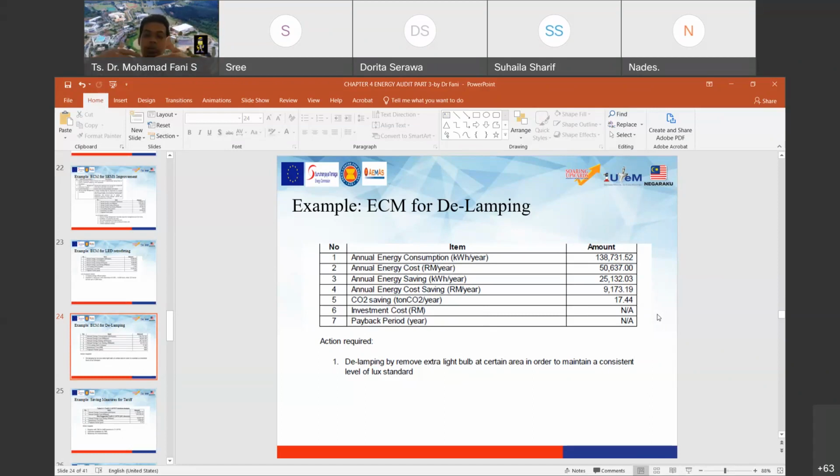Okay, you can suggest to them, because as the auditor you find the over value of the lux level over there compared to the standard one. So you can suggest to do the delamping, for example, from 10 to 6 or 7 only. So by that way, they can also reduce the electricity cost and also reduce the electricity consumption.